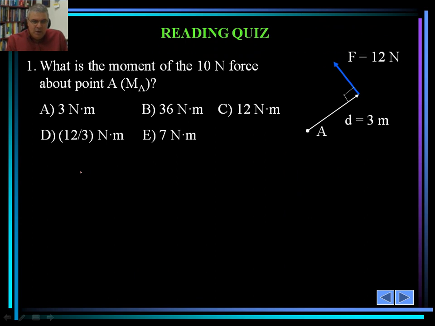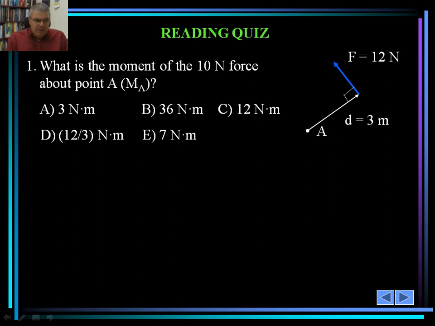Let's concentrate on a reading quiz to test your knowledge at this stage, and the best way to do that is to provide these two little questions. What is the moment of the 10 Newton force about point A? That moment is called M sub A, or MA, but it is important to know how to calculate that, and toward the end of today's lecture you should be able to.